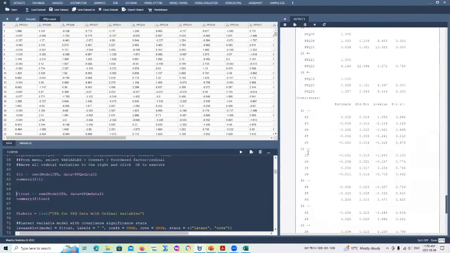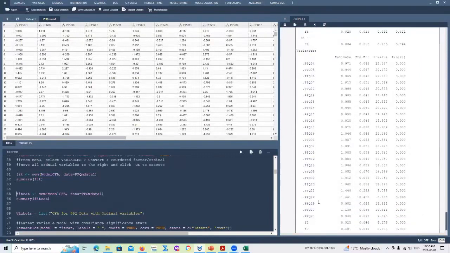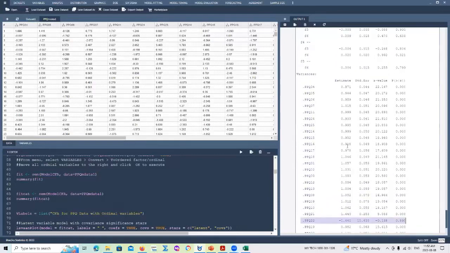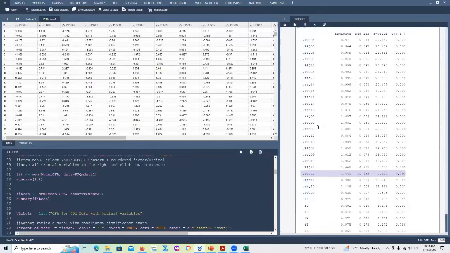These are covariances. You see? So you see a variance here which is negative. And the variances cannot be negative. What does negative variance mean? Exactly. The variance cannot be negative. So in whatever method is used for estimating the parameters, it found a negative variance.